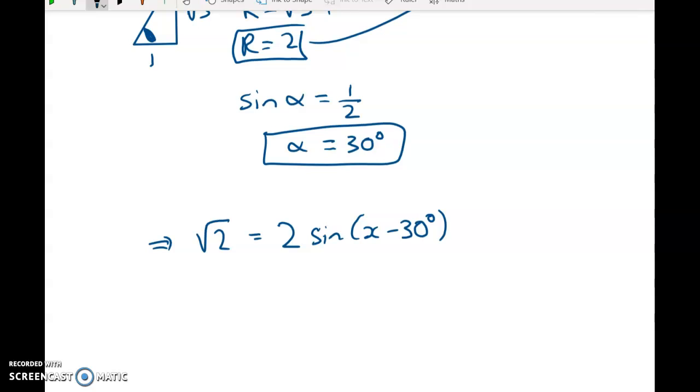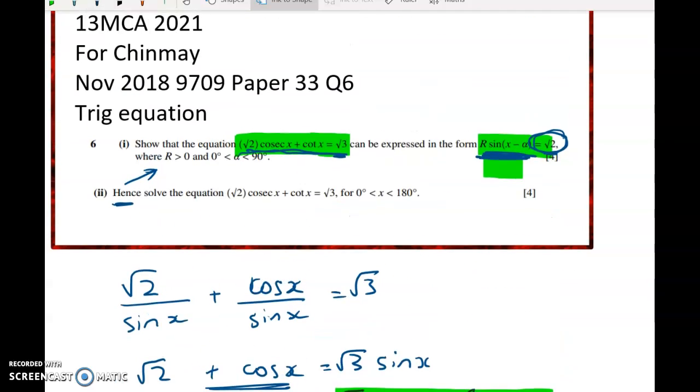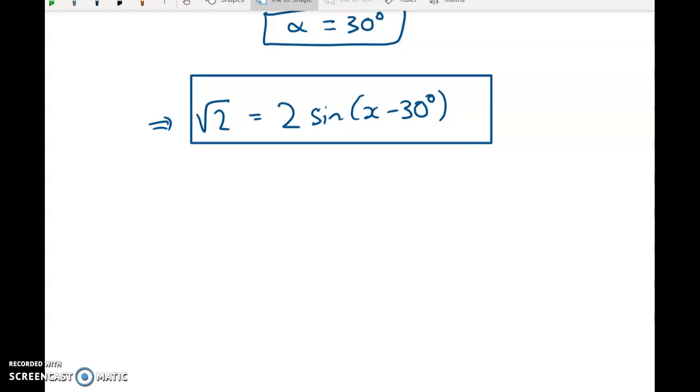So that's the first part of the question done. Okay, now what are we asked to do next? Right, so now we need to solve this equation here, but we've just shown that this equation here is this thing here. So we're going to go ahead and solve that. So this is very easy, 4 marks.